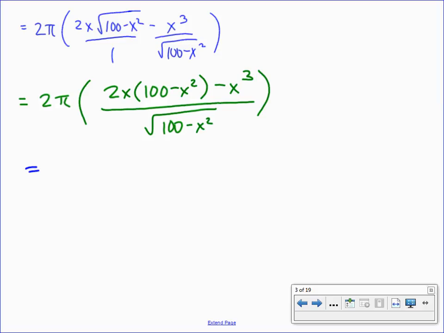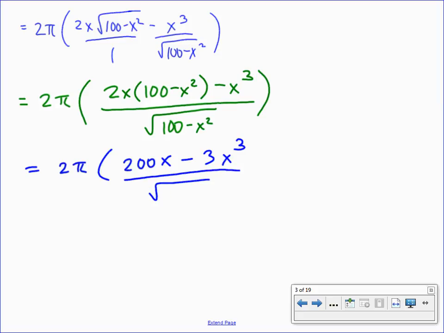On top, this becomes 200x minus 2x cubed minus 1x cubed is minus 3x cubed. Yes? So I get 2 pi times 200x minus 3x cubed, all over root 100 minus x squared.